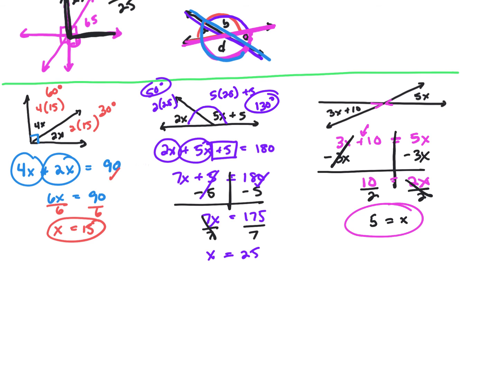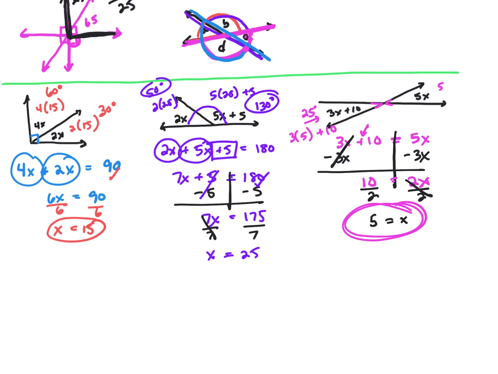So one more time, to find the measurement of this angle, we would take 3 times 5, which is what we said x was, which would be 15 plus 10. And so this angle measurement right here is 25 degrees. Now, we should get exactly the same measurement on the other one.